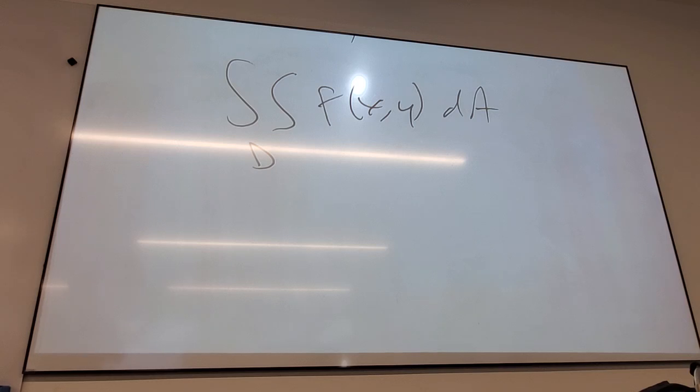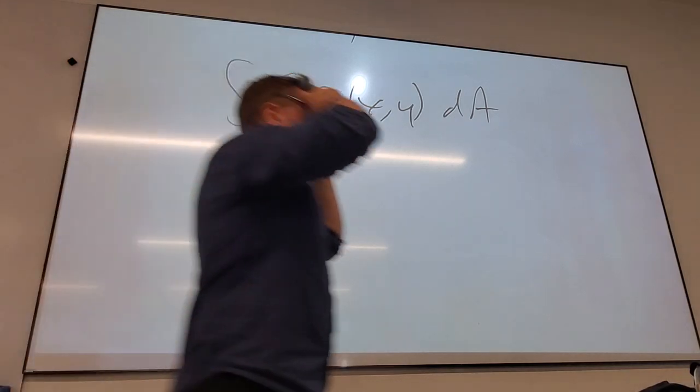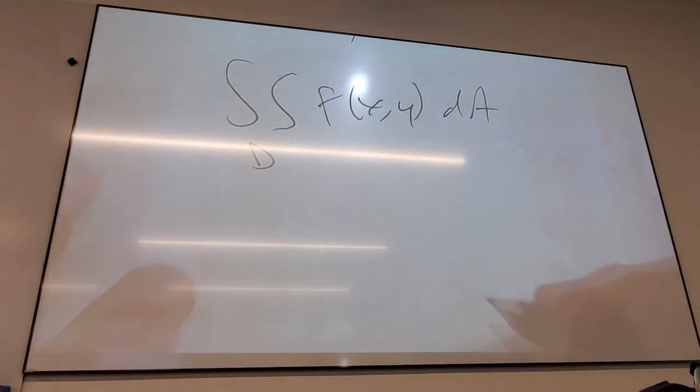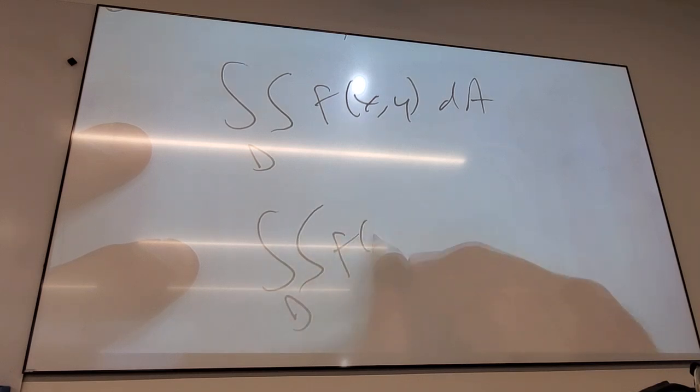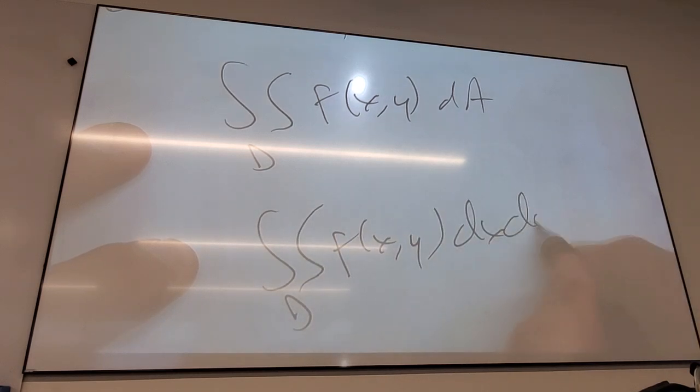I have a little sliver of the x-axis, that's dx, and then I have my function hovering over that. Now I've got dx dy, so I have a little area in my xy plane, and a function hovering over that, correct? So that dA, if it really is x and y, would be potentially dx dy, yes?